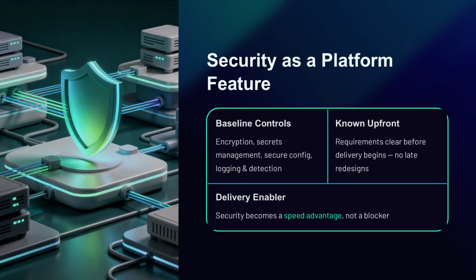You also define how security assurance works, such as what must be reviewed and what evidence is required. When security is platform-based, teams move faster because security requirements are known upfront and reference patterns are available. When security is project-based, teams slow down because they must discover requirements late and redesign under pressure. Phase D is where you convert security from a delivery risk into a delivery enabler.